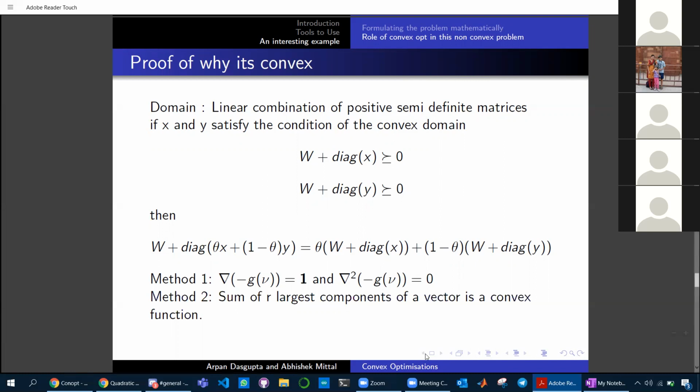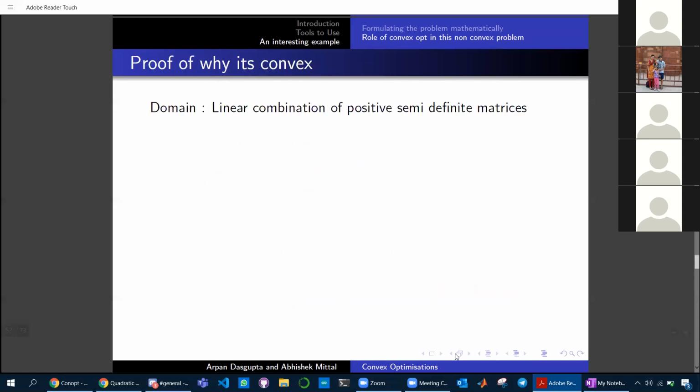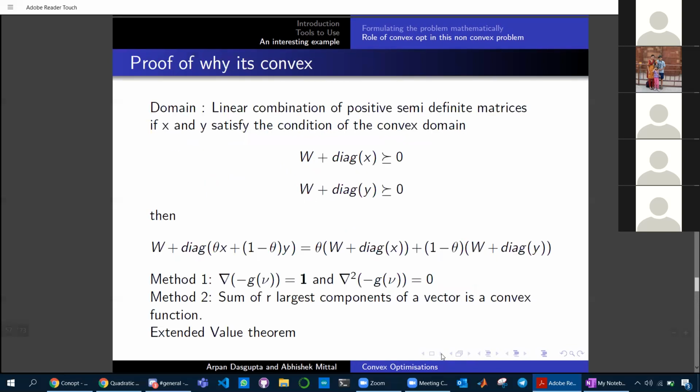Also, if you notice in our problem, we have this infinity otherwise, meaning that if our nu does not lie in the domain, then the function assumes a value of infinity. But I know that from the extended value theorem, I can do this for any kind of convex function. So this function that I have, minus g of nu, is perfectly convex.